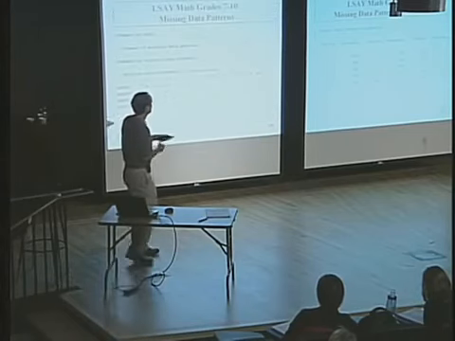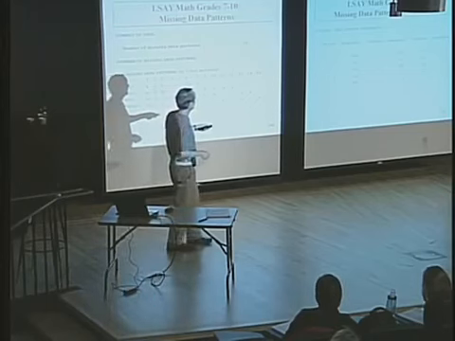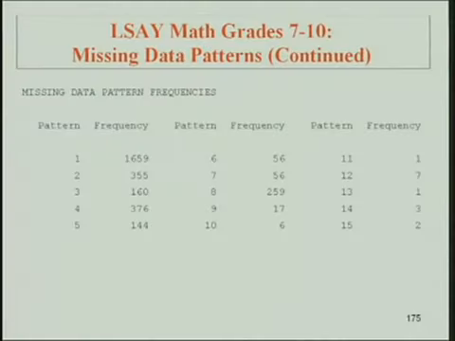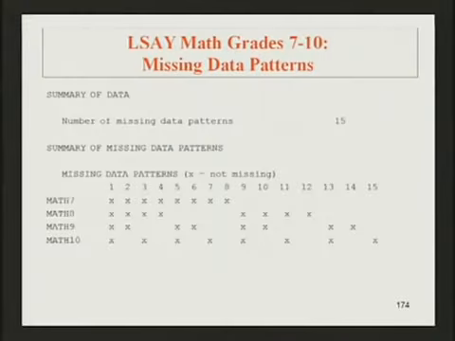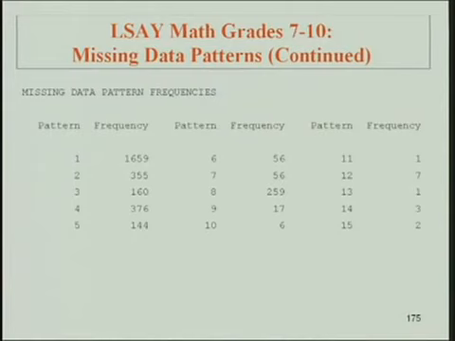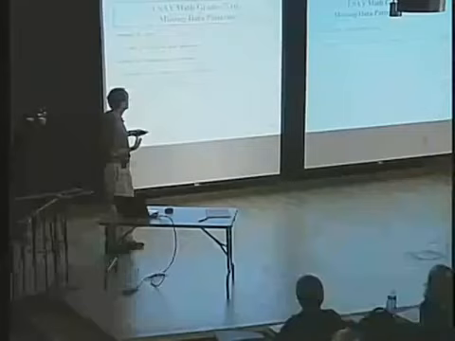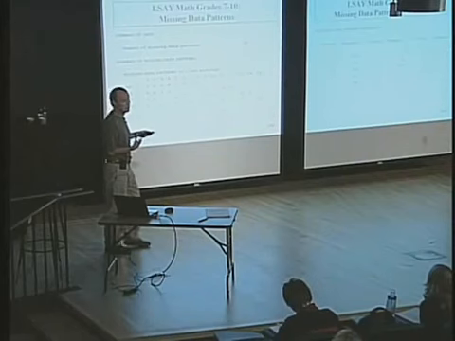So we see here on slide 175 that the frequencies of some patterns, 11 to 15, which are these patterns here on slide 174, intermittent missingness patterns, are fairly low, which implies that the growth factor means have very few people to draw on, like only one person here.